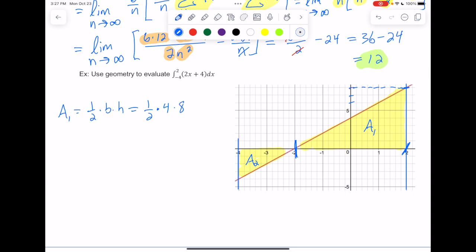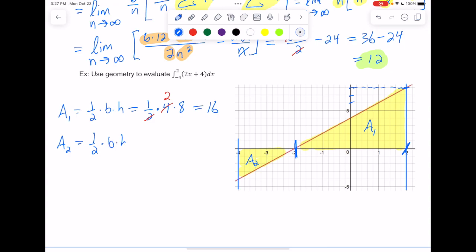So that's 1/2 times 4 times 8. The 2 goes into 4 twice, and 2 times 8 is 16. So there's area 1. Now we find area 2, same exact strategy, 1/2 base times height.